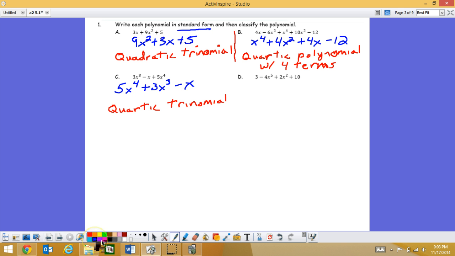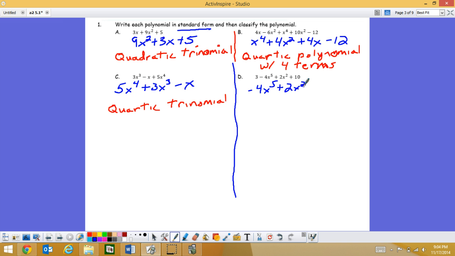And lastly, D. Again, writing it in standard form, we're going to start with the 5th degree term, the negative 4x to the 5th. Again, very important, keep signs with those terms. Since the 4x to the 5th was negative to begin with, we're going to keep it negative. And plus 2x squared.